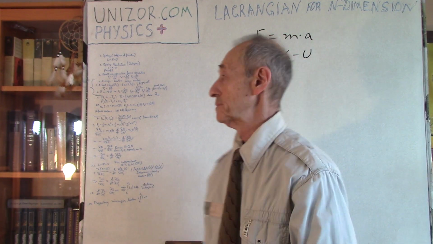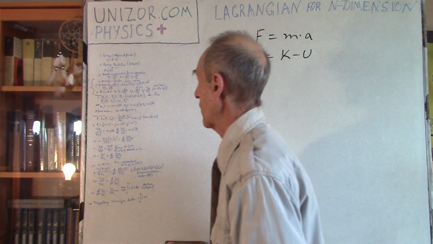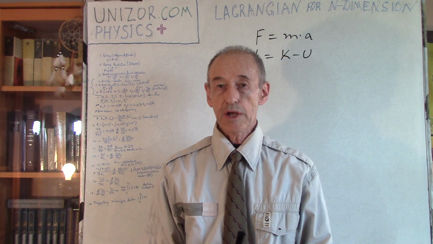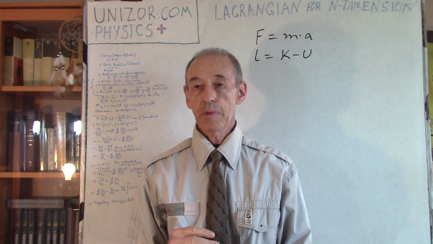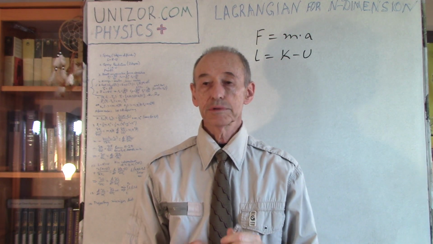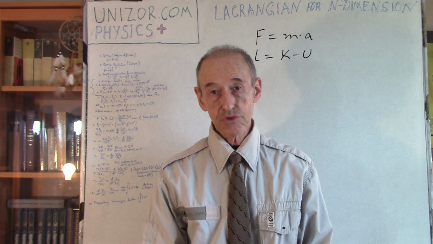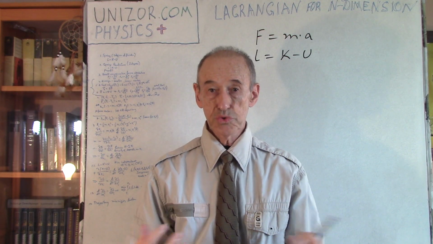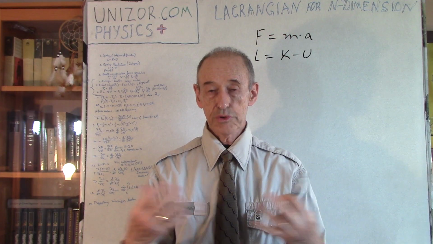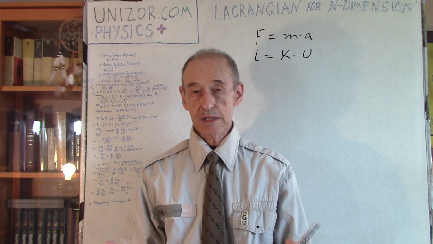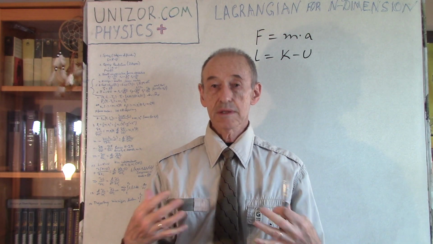whatever we were talking about. Okay, now next thing is, I do recommend you to refresh all your knowledge about conservative forces, about fields like the gravitational field or electrostatic field, which produce gravitational or electrostatic forces, which are conservative.